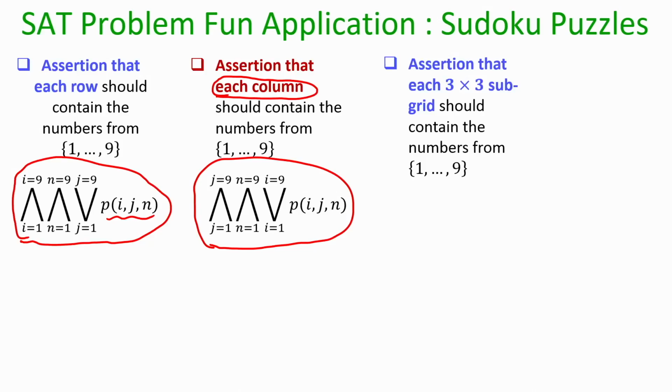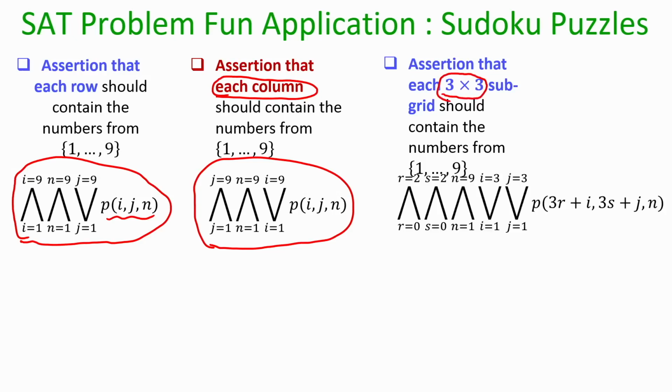The third condition that our Sudoku puzzle should satisfy? Well, our Sudoku puzzle should satisfy the condition that each 3 cross 3 subgrid should contain the numbers 1 to 9. Again, I leave it as an exercise for you. You can verify that this condition can be represented by this compound proposition.